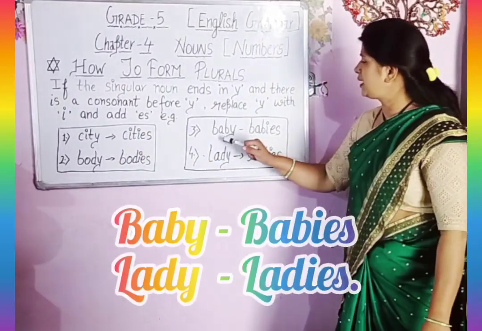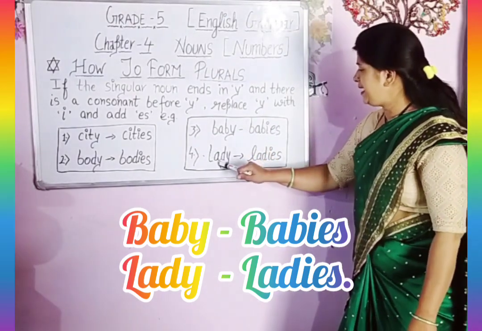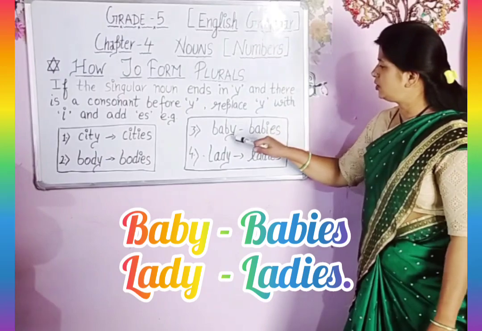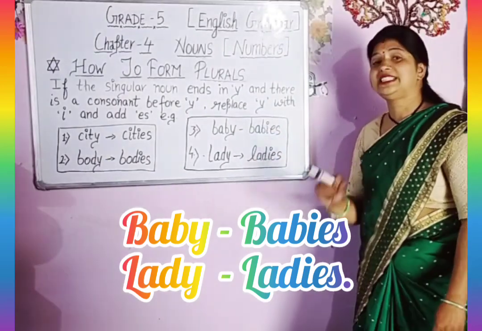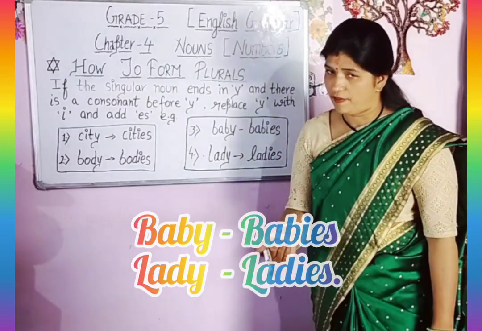Similarly, here also you can see baby, babies. Lady, ladies. In both the cases, you are seeing that Y is coming at the end. Last में क्या आ रहा है? Y आ रहा है.